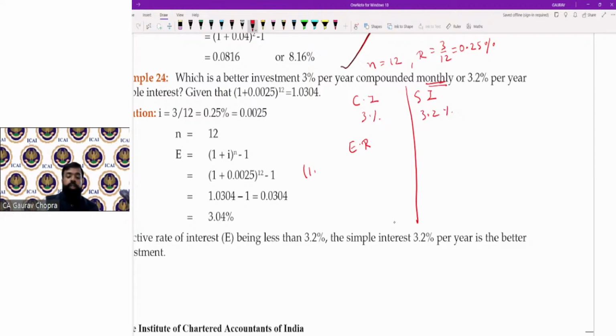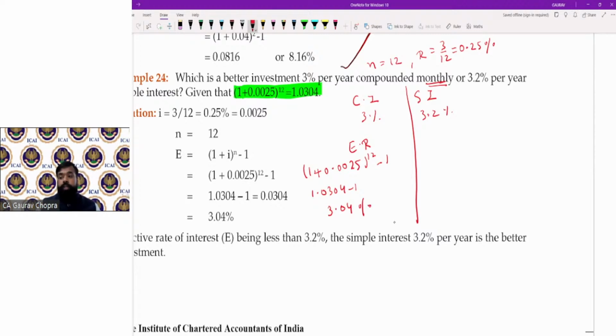So it is 1 plus 0.0025, to the power of 12, minus 1. Now, this value is already given in the question, so let us use that only. 1.0304 minus 1, so you are getting 3.04%.